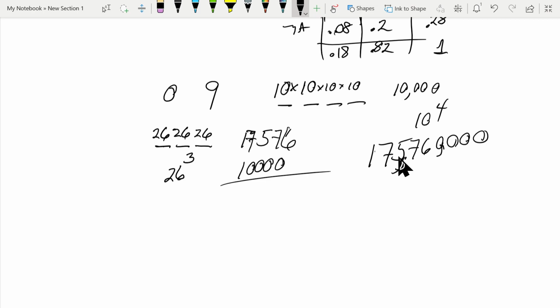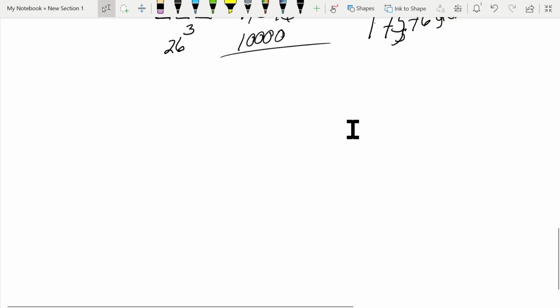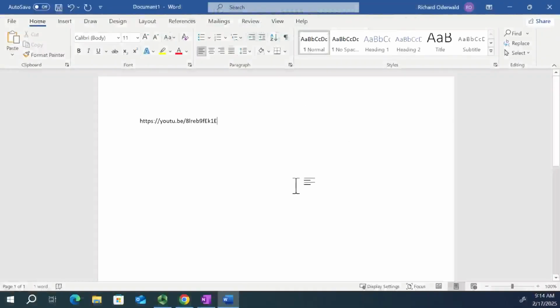How about YouTube videos? What's on a YouTube video? There's a YouTube link with 11 characters. They have uppercase and lowercase letters, 0 through 9 for digits, and they also have an underscore and a hyphen.